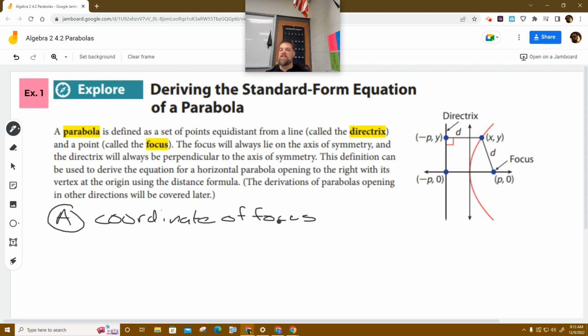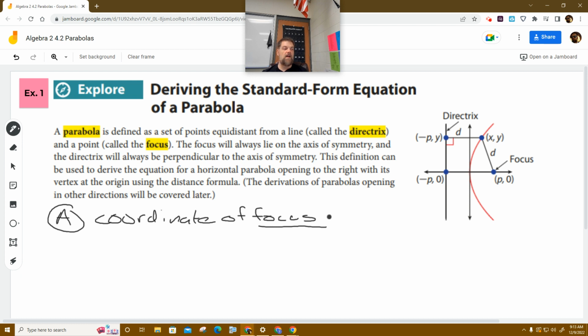It's not. This distance d varies. The distance from here to here is equidistant to this, but it is a shorter distance than from here to here. And as we go further out, the distance will be longer, but it'll be equidistant going back to the directrix. Does that make sense? So we can't necessarily call it the center. So one of the words that we call it is the focus.